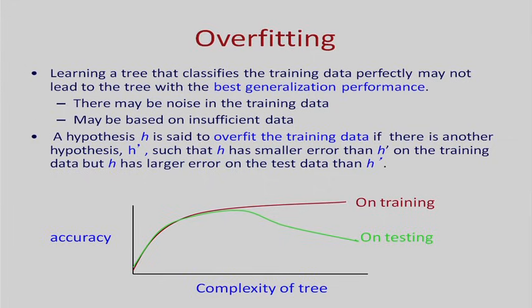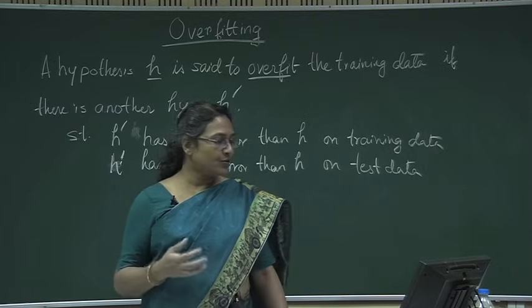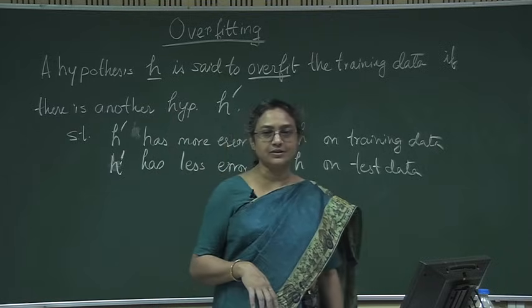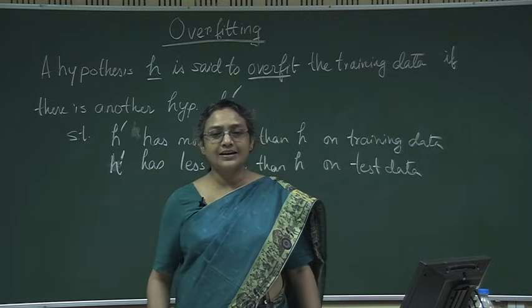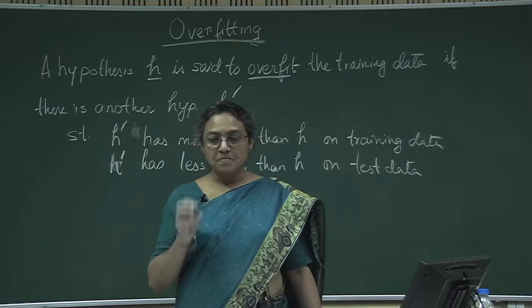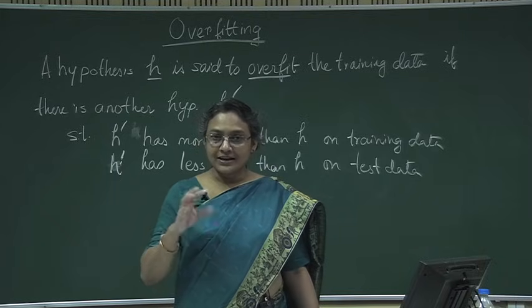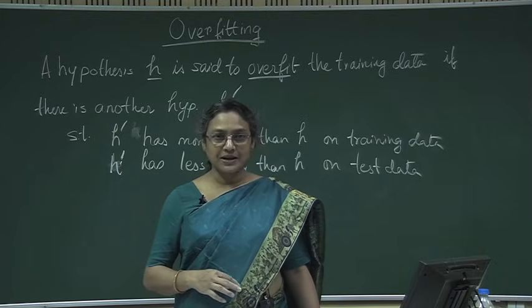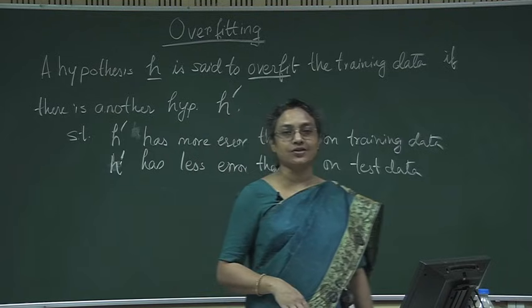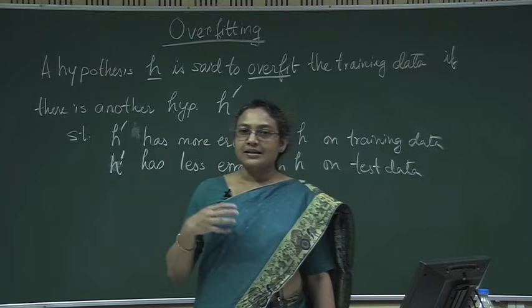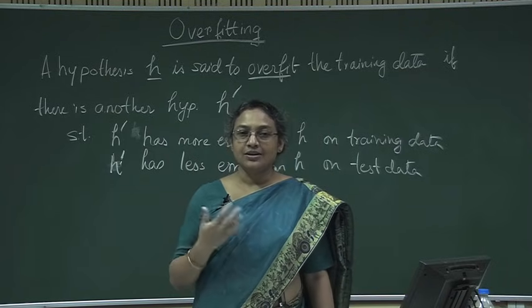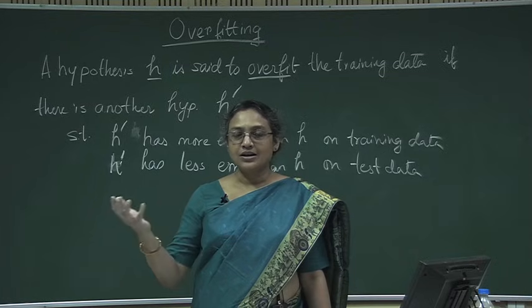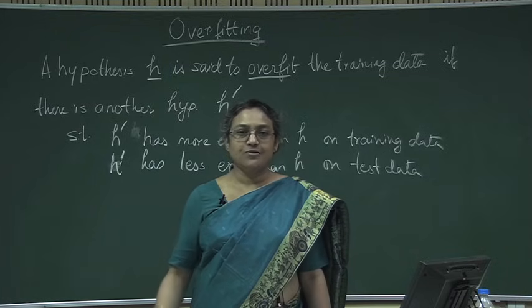Now, why can this happen? We want good generalization performance, but the training data may contain noise, and as we make the decision tree more and more complex, it may try to fit the noise, and therefore the resulting decision tree will not work well on the true population.